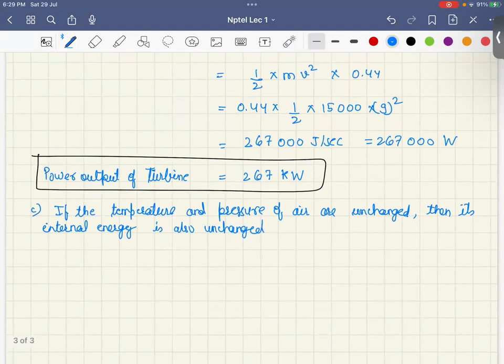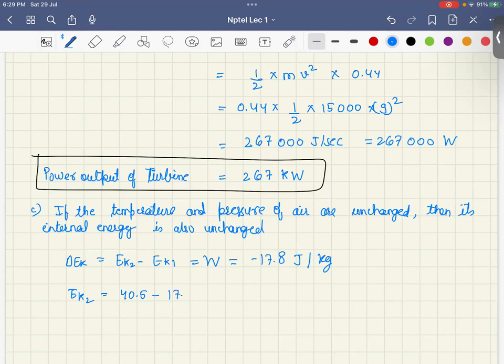Hence, what we can write is change in kinetic energy is nothing but EK2 minus EK1, which is nothing but work done, which for 1 kg of air is going to be 17.8 joule per kg, right? And so EK2 is going to be 50.5 minus 17.8, which is nothing but 22.7 joule per kg, right?